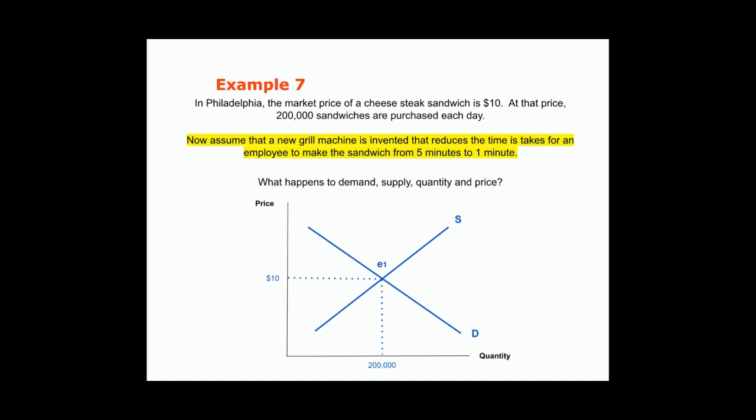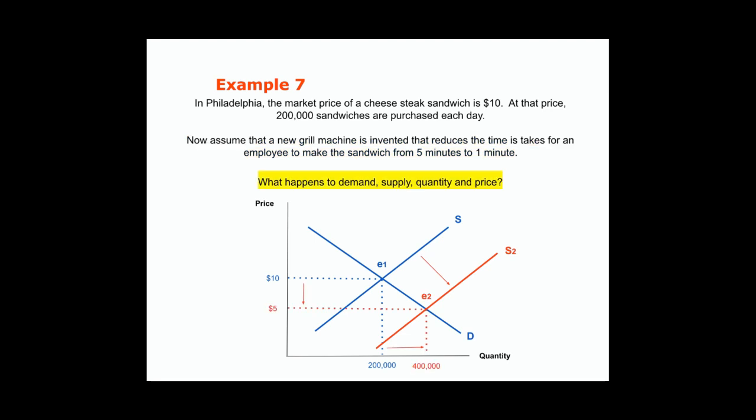Well, if we start at our equilibrium, we know that when there's an increase or an improvement in technology, that enables us to have an increase in supply. And that's exactly what happens here. The people who make cheesesteaks can now make them more efficiently. They can make more of them. They can supply more of them at a lower price. And so the supply curve moves out to the right.